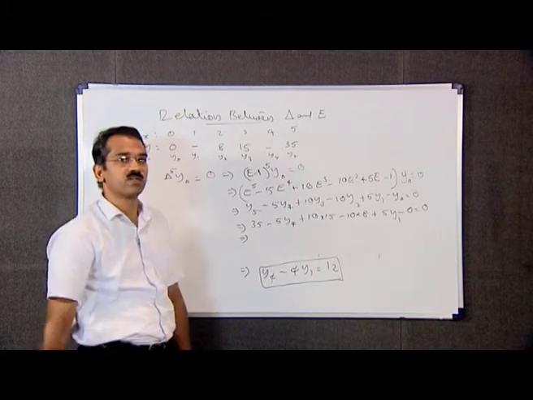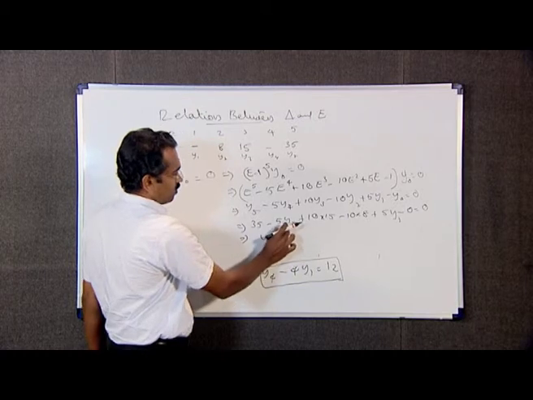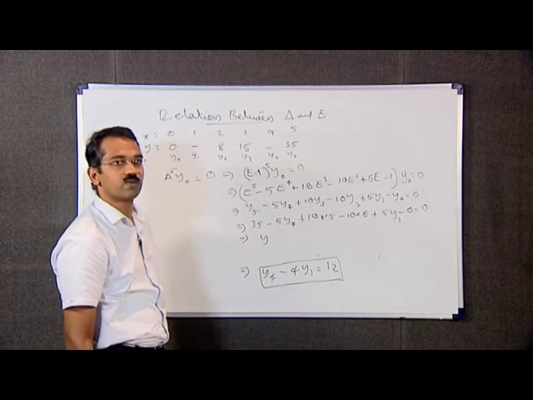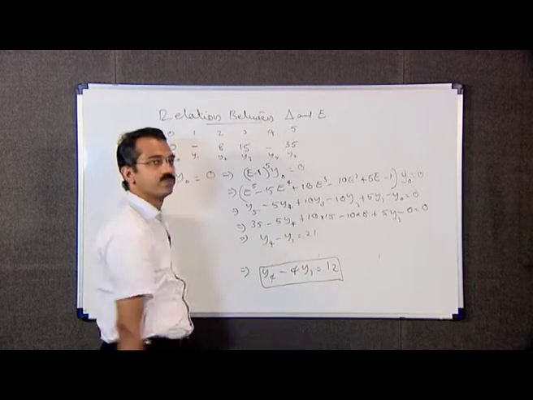On simplification, we will get y4 minus y1 is equal to 21.